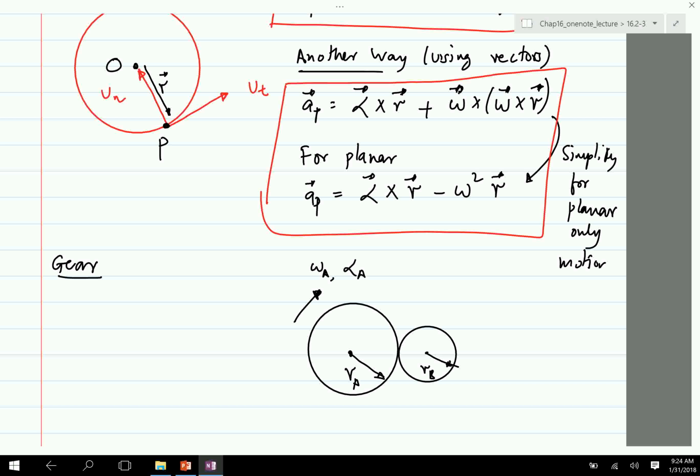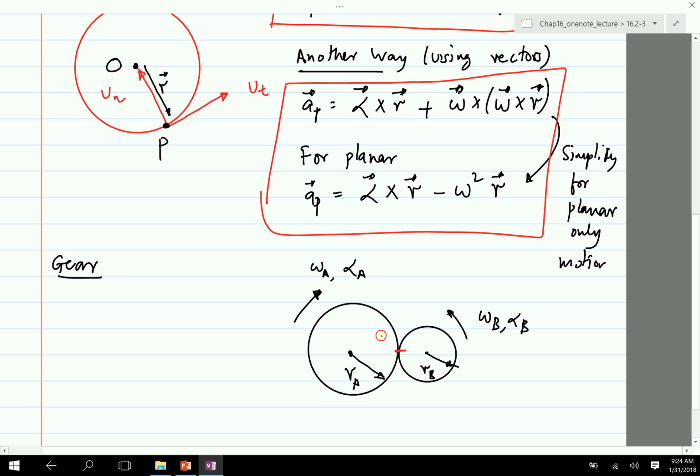This spins this way, that will spin that way. So this goes clockwise, that should go counterclockwise. That's typically the output gear. So omega B, alpha B. Given RA, RB, and this, you can actually find omega B, alpha B.